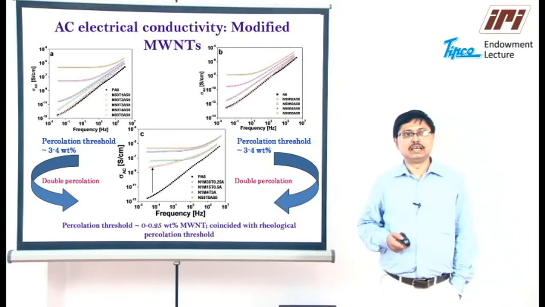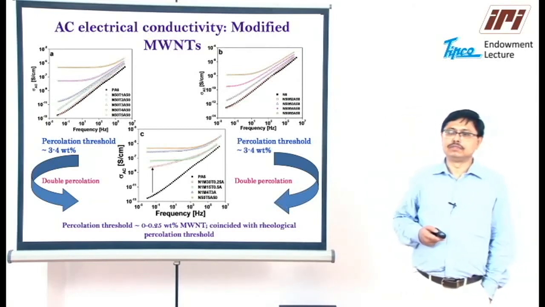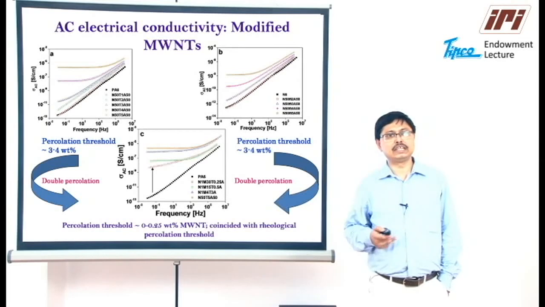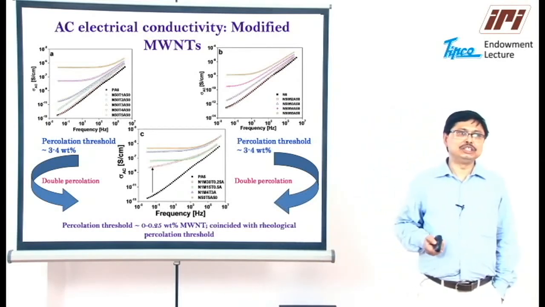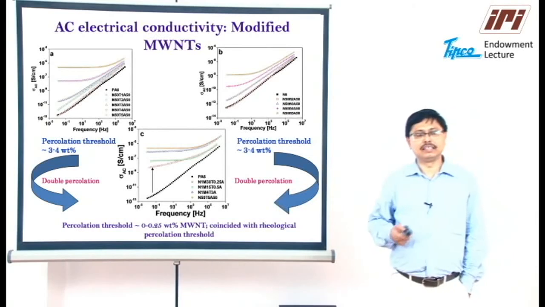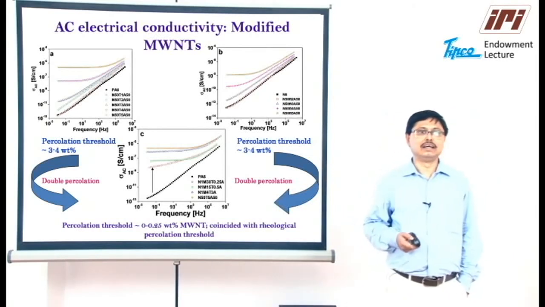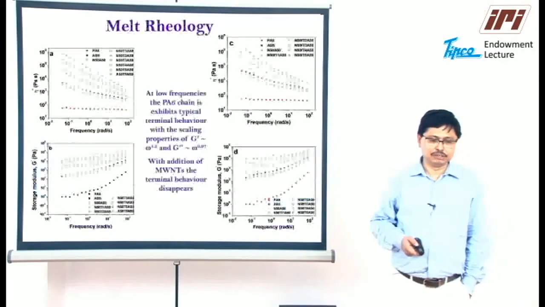This means that double percolation along with the surface modification of the multi-wall carbon nanotubes, which leads to a lower aggregate size of the nanotubes, or rather individual carbon nanotubes, could be exploited in the network-like structure formation in this particular composite material.